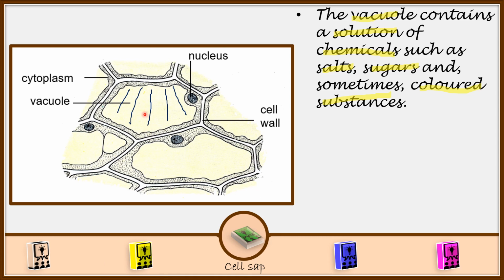And these chemical substances include salts, sugars, and sometimes colored substances, and are the ones that we find in this vacuole, which is in the middle of the cell, in the middle of the cytoplasm.